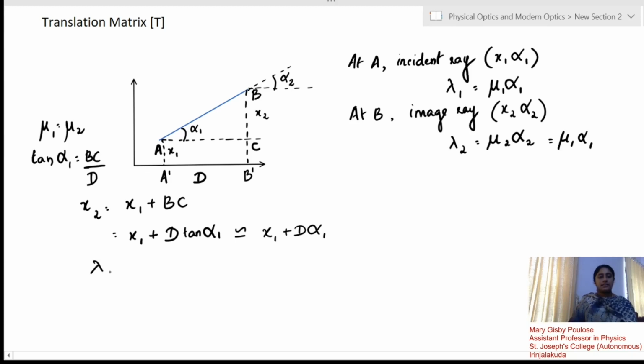Now the direction cosine lambda 2 is written as mu 1 alpha 1, so I can get an expression for alpha 1 as lambda 1 by mu 1. This implies x2 is equal to x1 plus d lambda 1 by mu 1.